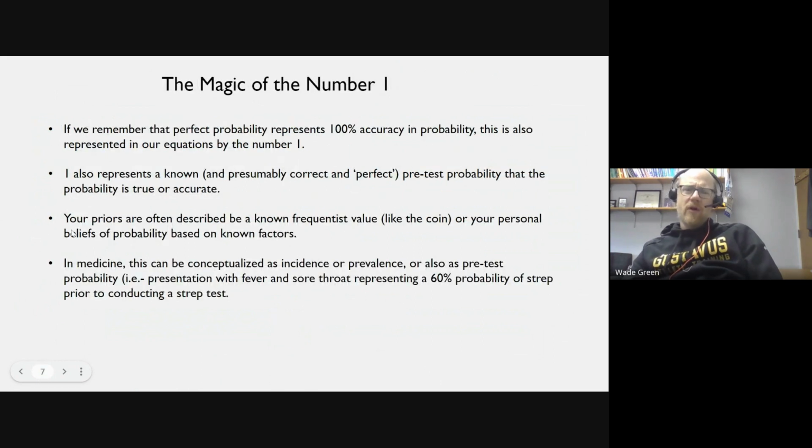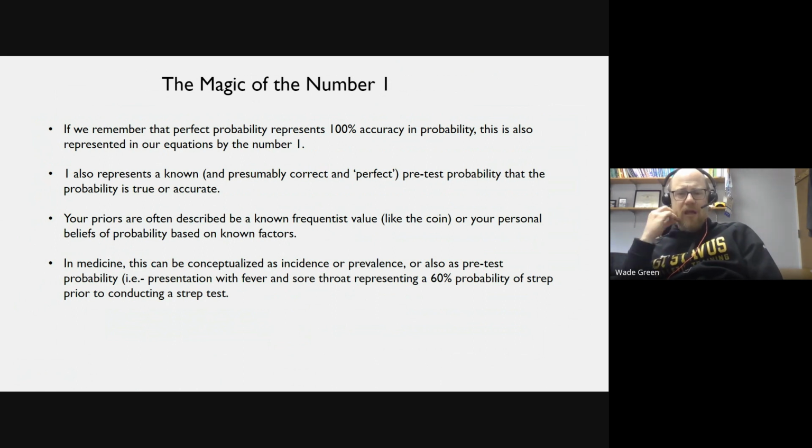Okay, so number one, this is the magic of the number one. We're going to be getting into something that I refer to as diagnostic math. If we can remember from a math perspective, the number one essentially represents a probability of 100% accuracy.